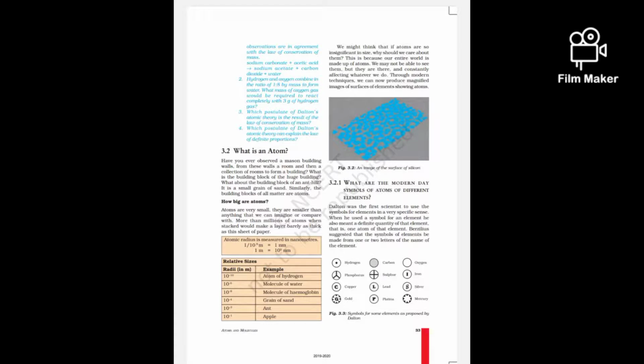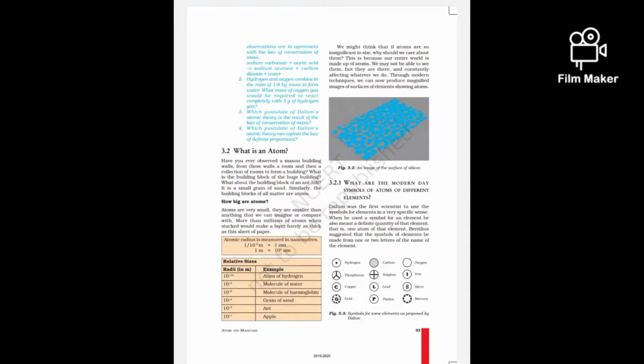These are the building blocks of all matter. For example, atoms of hydrogen, oxygen, nitrogen, etc., are not capable of independent existence, whereas atoms of helium, neon, etc., are capable of existing independently.